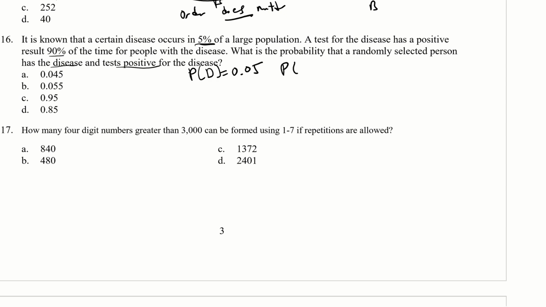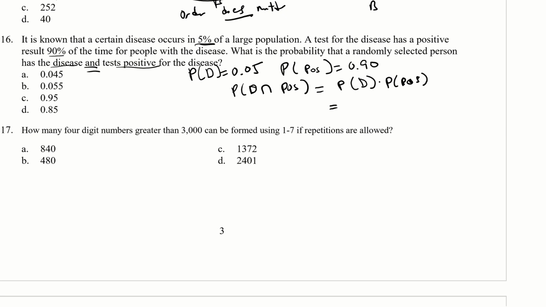The probability of testing positive is 0.90. And the probability of disease and positive, that's what they want. When you have 2 outcomes, remember you multiply them. Probability of disease times probability of positive.